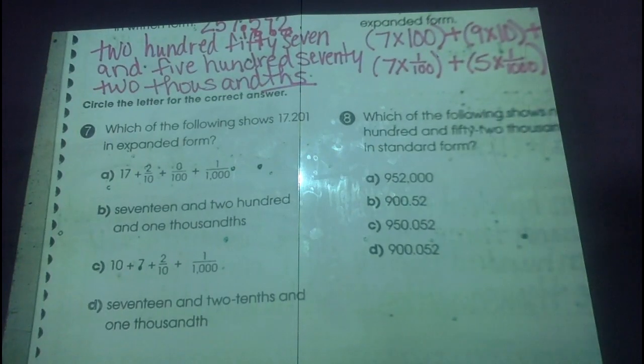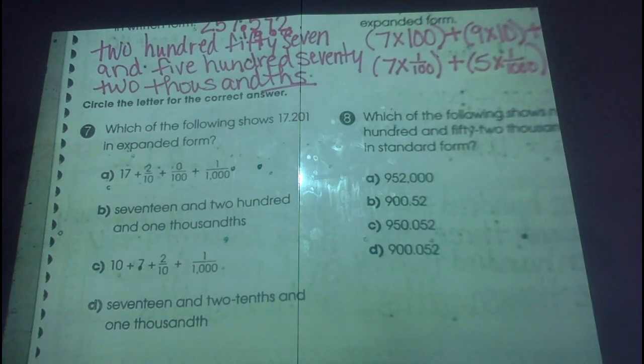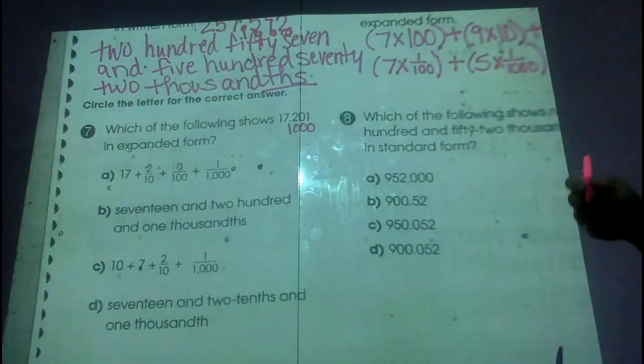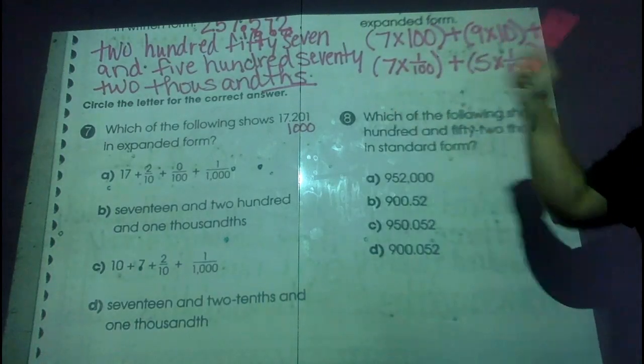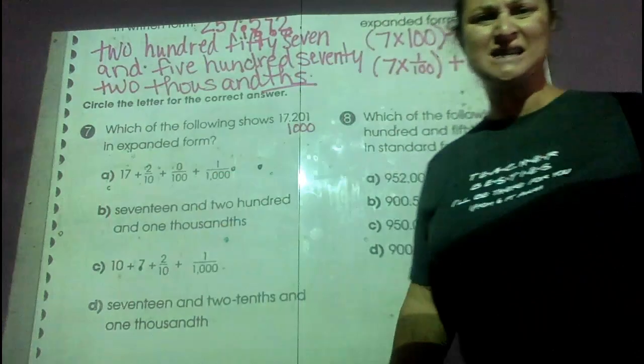All right, let's look at number 7. Which of the following shows 17 and 201 thousandths in expanded form? Well, boys and girls, the easiest thing to do is just go right down the row. 17, is that in expanded form?